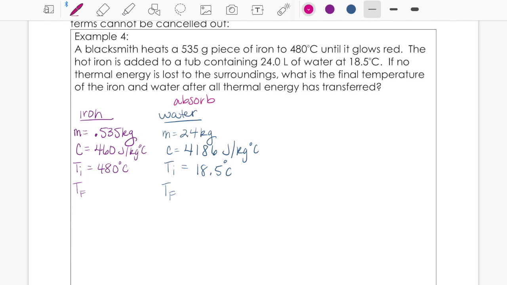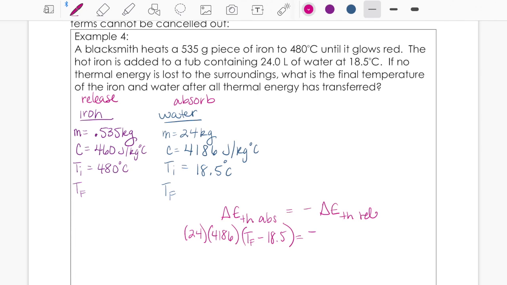So the water is actually going to be heating up, so this one is absorbing. And then the iron is going to be cooling down, so it's going to be releasing energy. So for my water, which is the absorbing one, I have a mass of 24 times the specific heat times my final minus the initial 18.5.